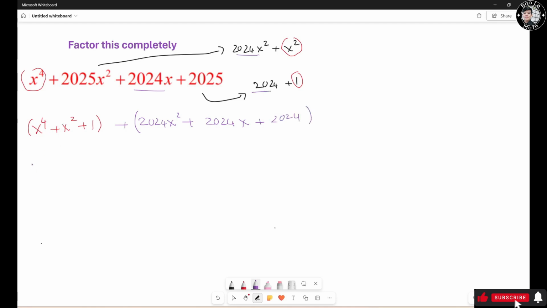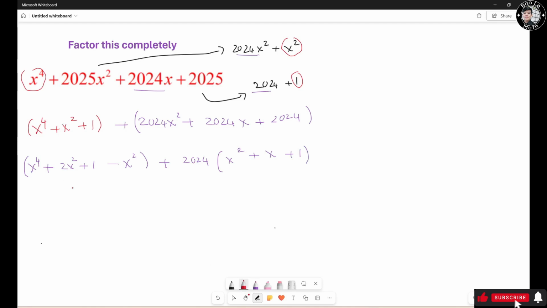Alright, so this guy can be written as s to the 4 plus 2s squared plus 1 minus s squared, right? Because s squared can be written as 2s squared minus s squared, right? Now, for this one right here, I just factor 2024 out, right? So this turns out to be s squared plus s plus 1, right?